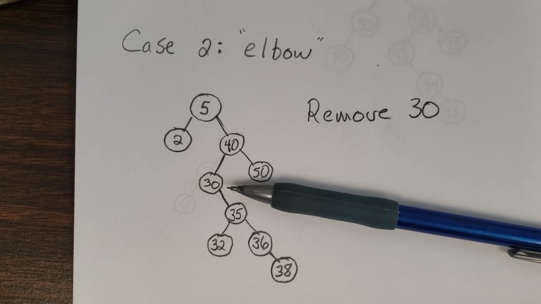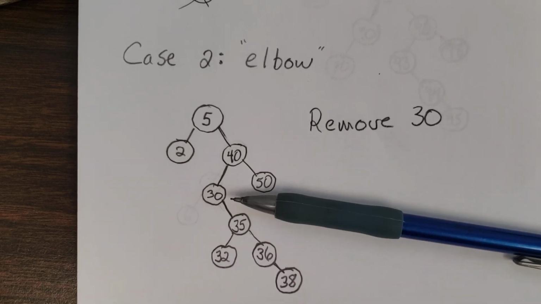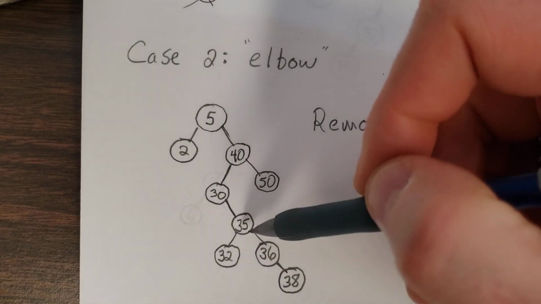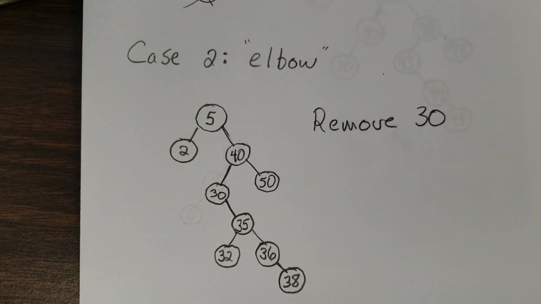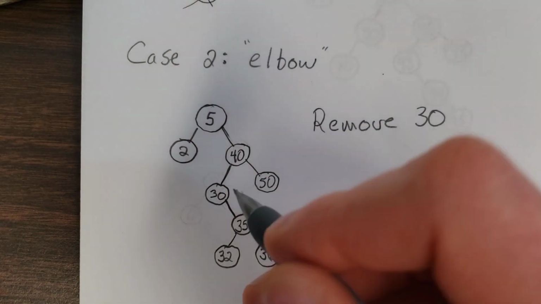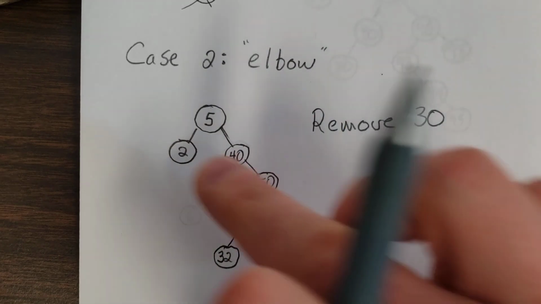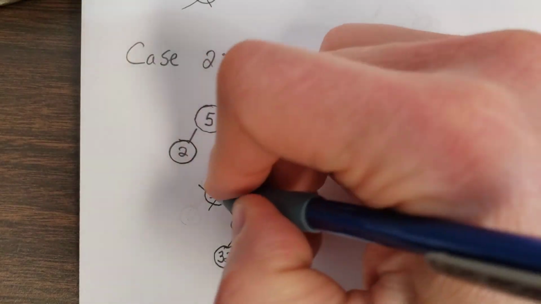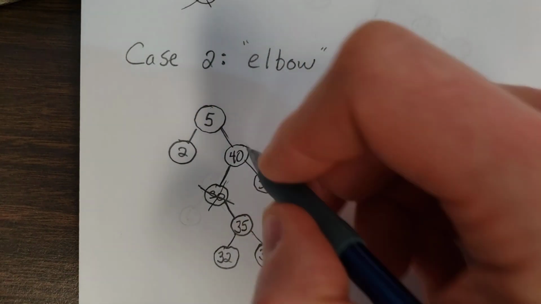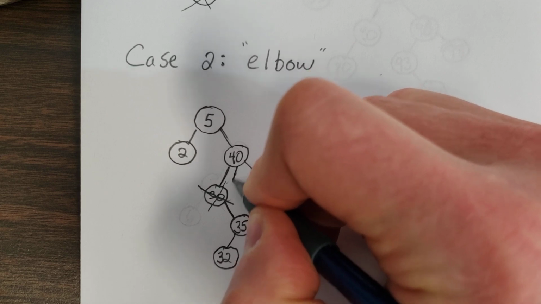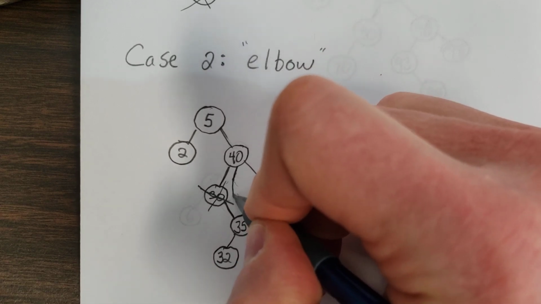Now we can't just delete it, because if we delete the 30 and have 40's left pointer set to null, then that's not going to work. We're going to lose all of these values here. So if the node that we want to remove has only one child, 40 still has to keep track of and account for this.